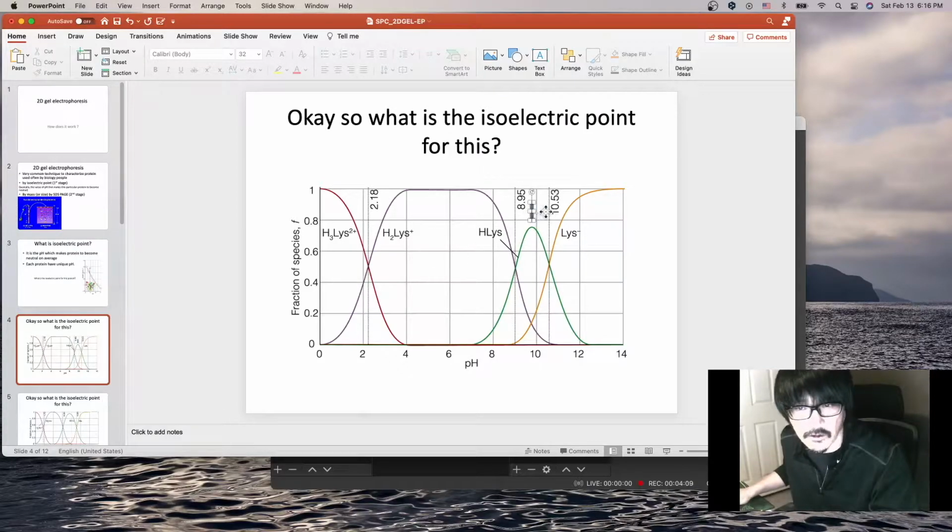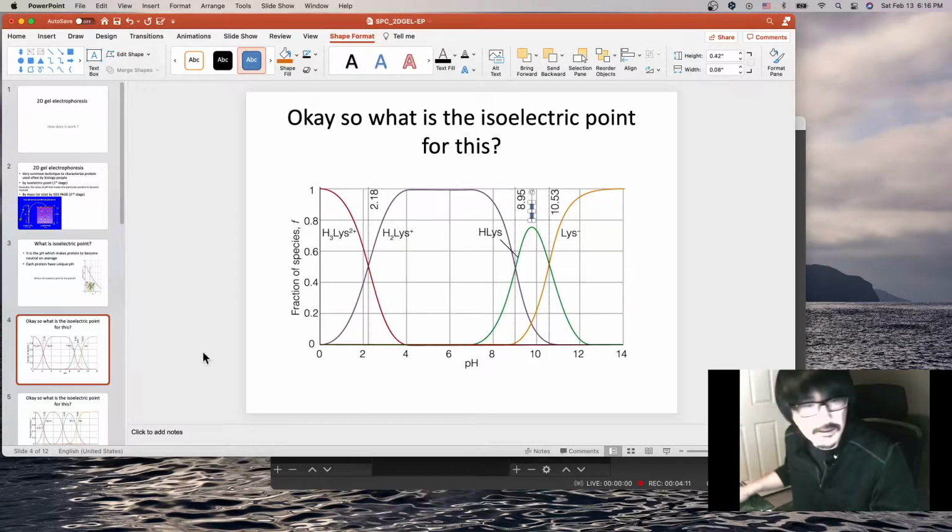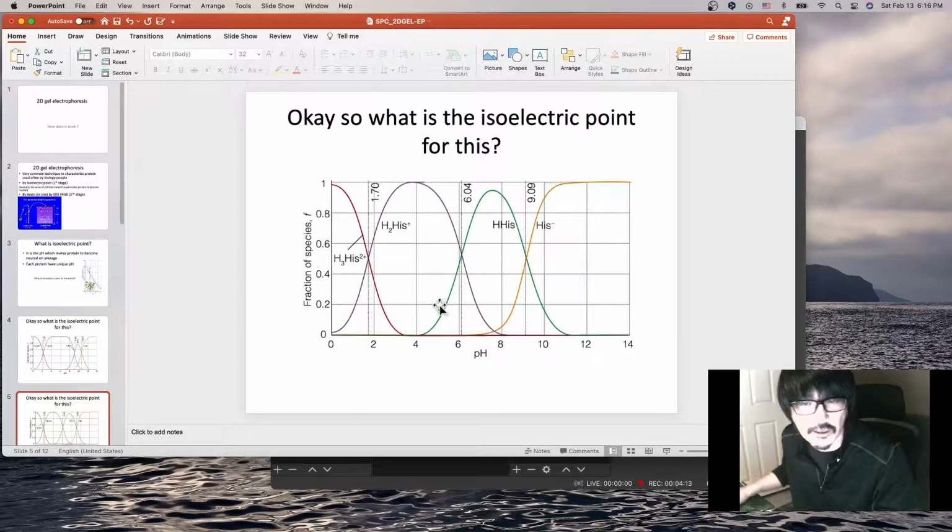Let me copy that one. Let's look for the isoelectric point for this one right here. Can you figure out where the isoelectric point is? This is a 2+ ion. This is a single positive charge. That's neutral. And this is going to be the negative charge, right?